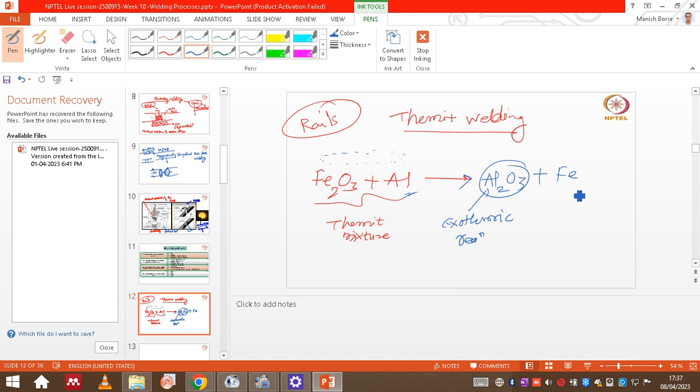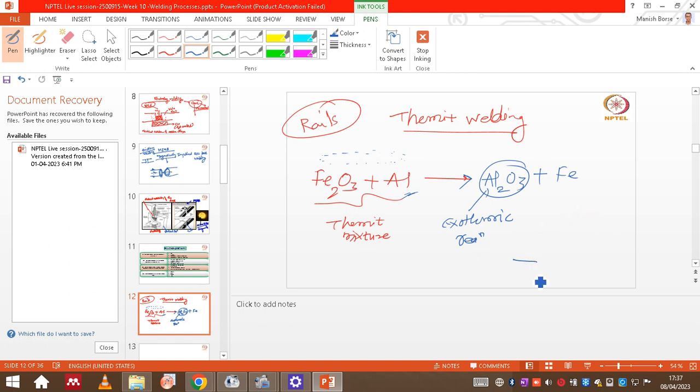It will melt, and because of that, a sufficient amount of liquid will be present at the interfaces, right? So it is melting the metal, and then it is pouring into the cavities, right?